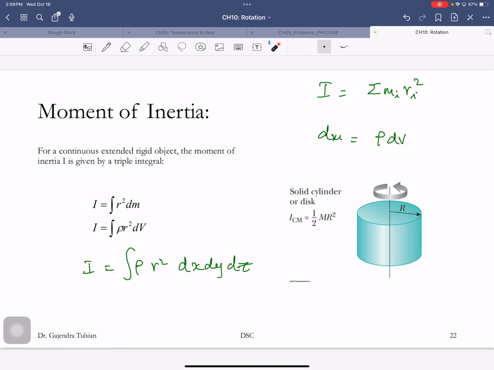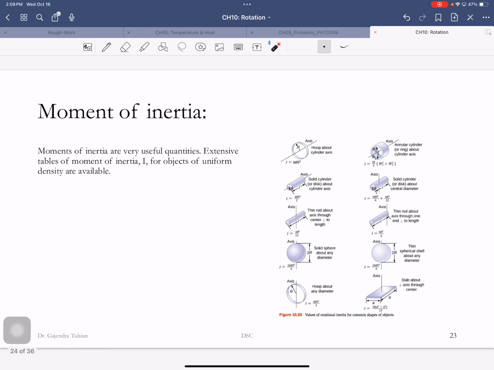All right, now these are important enough that they have done these integrals for you. So here's a table of moments of inertia. They've done those integrals about very special axes. For a ring, they've done that integral about that axis. For a cylindrical object, they've done that integral about that axis, and there's the moment of inertia.